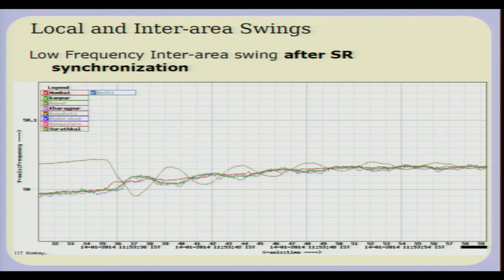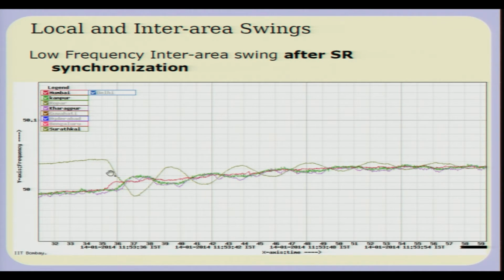One of the measurements here is from South India, and you find that the frequencies of both grids are slightly different, around 0.025 hertz, and at this point they are synchronized.